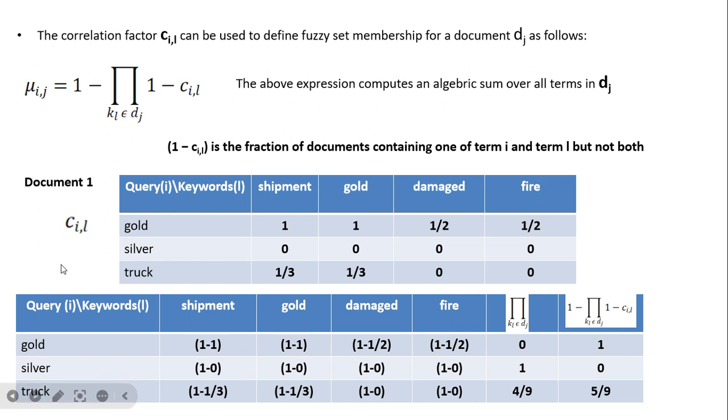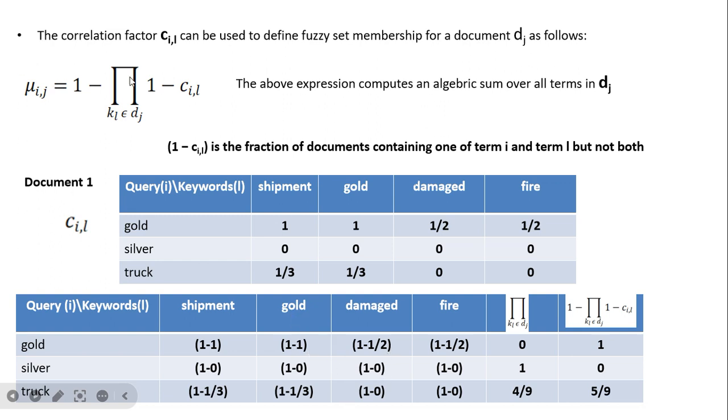Now document D1. In document D1, the keywords present are shipment, gold, damage and fire, and our query words are gold, silver, truck. So we will take these particular term to term correlation values. To define the membership value, we need to take 1 minus c_il. This is gold with shipment, gold, damage and fire.